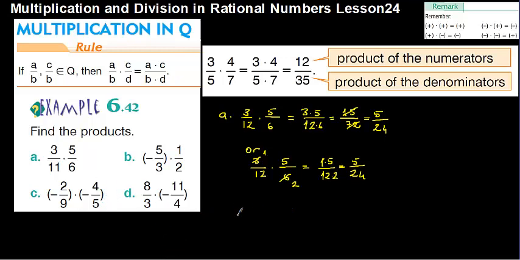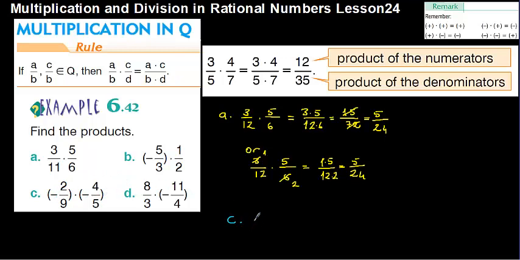Here, the C1 I'm going to choose. The others are going to be classwork for us. Here, the C1 is minus 2 over 9 and minus 4 over 5. Both numbers are negative, so the result must be positive. In the integer topic we learned that multiplying negative times negative, the result must be positive.